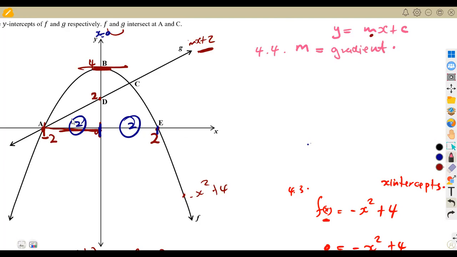So I'm going to simply find the gradient of the line AC because I have the point D and I also have the point A. These points lie on the line AC, so I can use them to determine the gradient, which is the change in y over the change in x, simply y2 minus y1 over x2 minus x1.